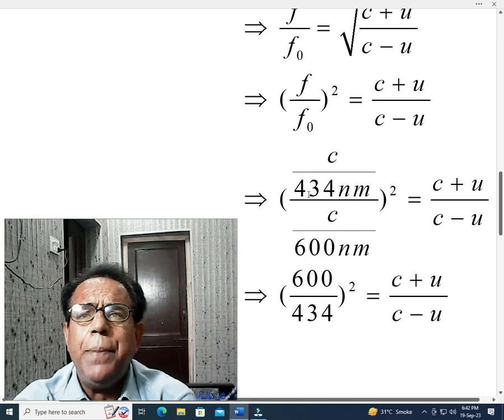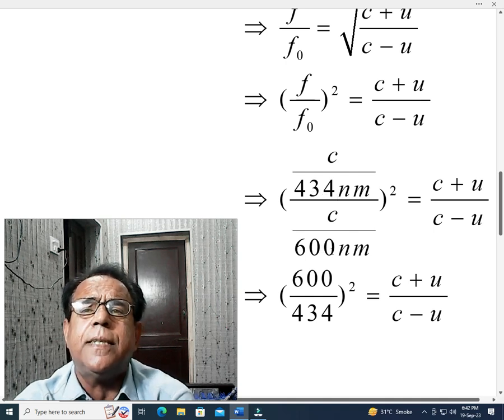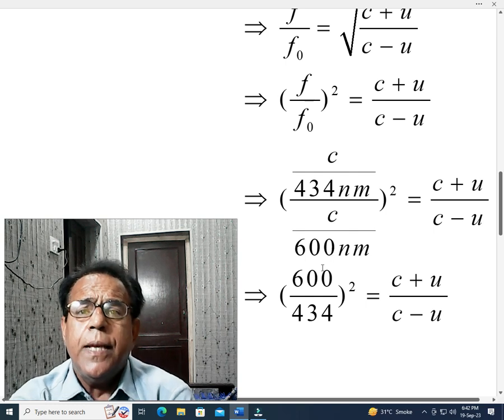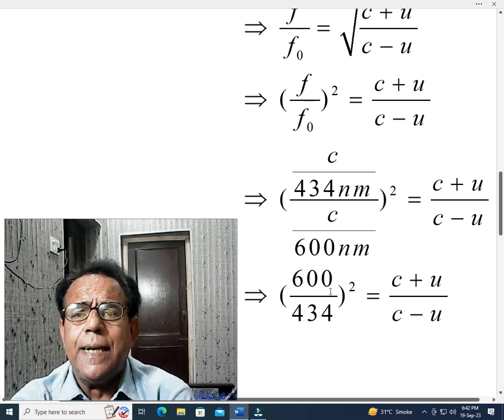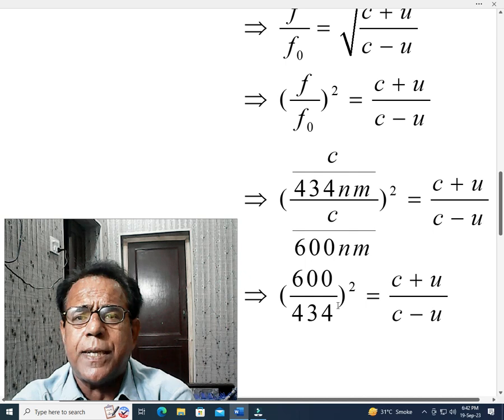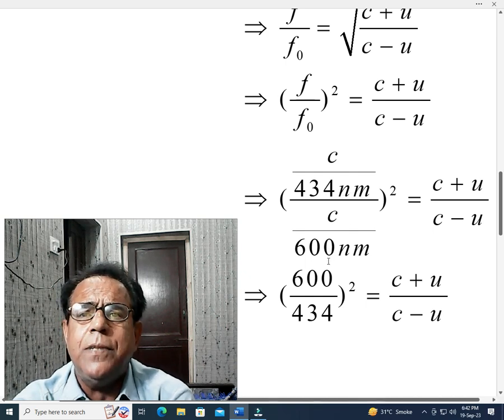Lambda is equal to 434 nanometer, while lambda naught is equal to 600 nanometer.